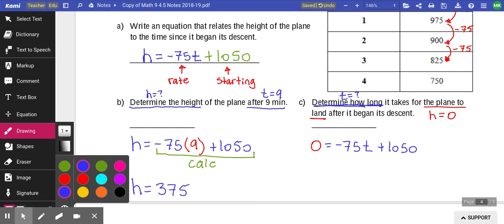The algebraic process is this. You substitute a variable in, and then you isolate the other variable. Isolating means getting something by itself, which is exactly what Rachel was describing. She said you would subtract away 1,050 from both sides. 0 minus 1,050 is negative 1,050 equals negative 75t.